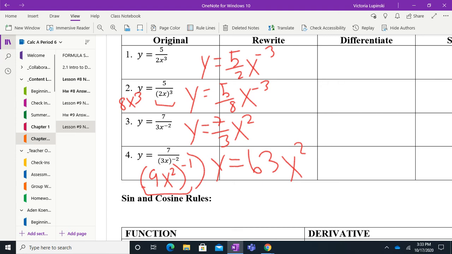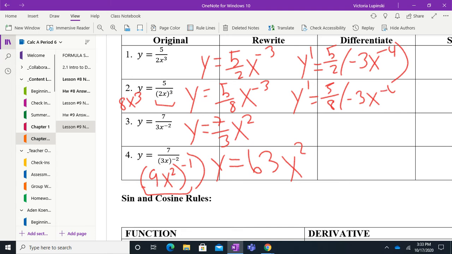So now we're going to go ahead and actually do the differentiate step, which means we're going to go ahead and do the rules. So here in the first one, you're going to bring down the negative 3, which you multiply by 5/2, so we're going to leave the 5/2 outside. We're going to bring down the negative 3, which gives me x to the 1 less power, careful, is negative 4. Here in number 2, leave the 5/8, bring down the negative 3, again, careful, to the negative 4 power.